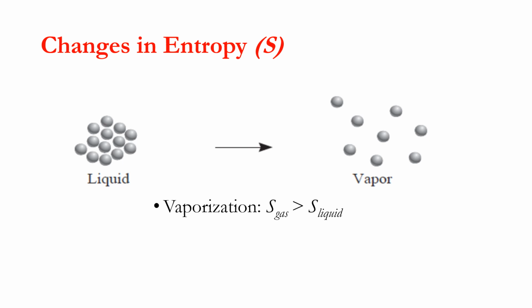There are more spaces, which results in an increase in their chances for movements. So increasing the chances for movements, increasing the disorder, is increasing the entropy of the system. So comparing the entropy between liquid and vapor, it is always greater. The dispersion is always greater in vapor or gaseous than in liquid.